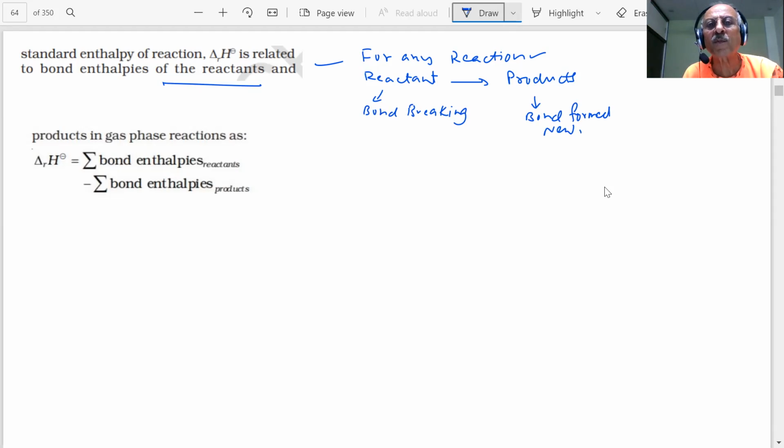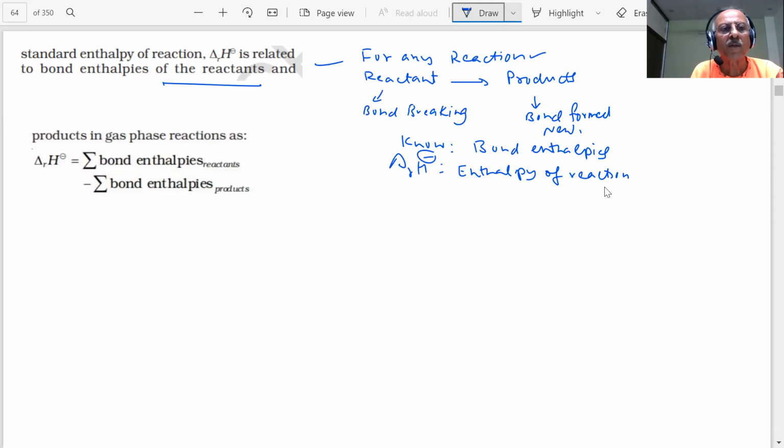So if we know, student, the values of the bond enthalpies, then we can calculate the delta rH, the enthalpy of the reaction. How?